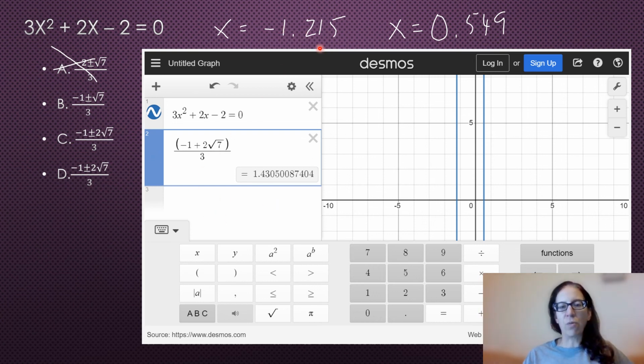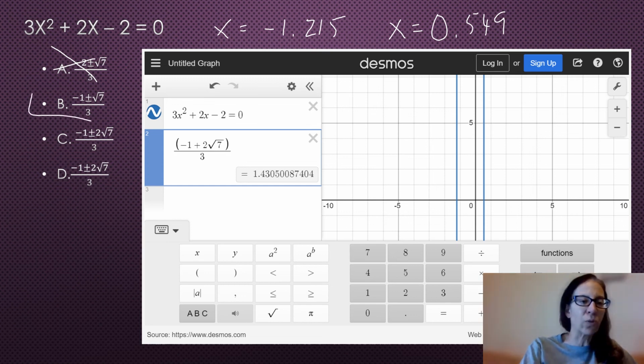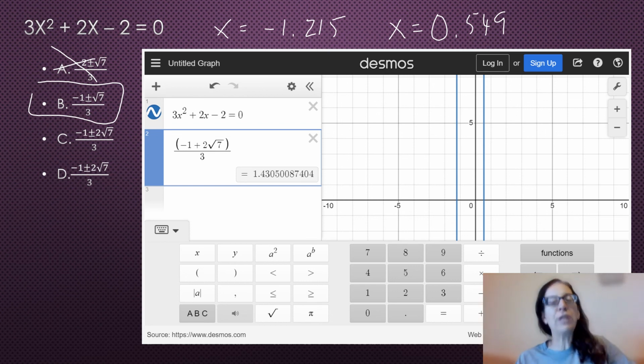And negative 2.15, 2.152. Yep. So both of them match. I feel pretty good about picking answer choice B as my answer. You do need to check both of them though. It's not enough for one of them to match.